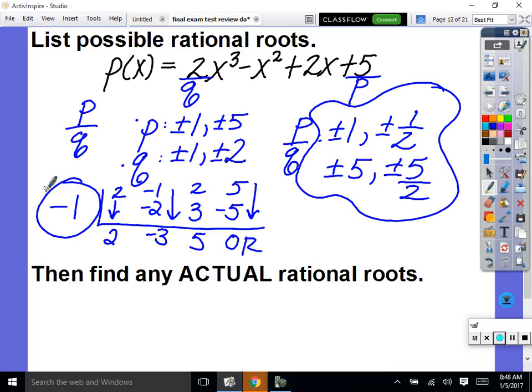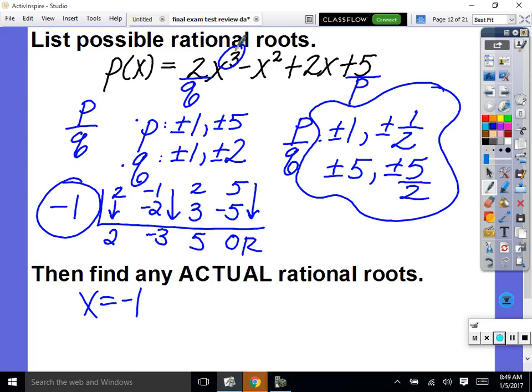Correct, everybody? Did it ever cross the x-axis again? No. So aren't our other two solutions not going to be in any of these? Or else it would cross at one of those values, correct? Everybody understand? So when it says finding the actual rational roots, the only one is -1. There are 3 solutions, but we have to be really careful here.